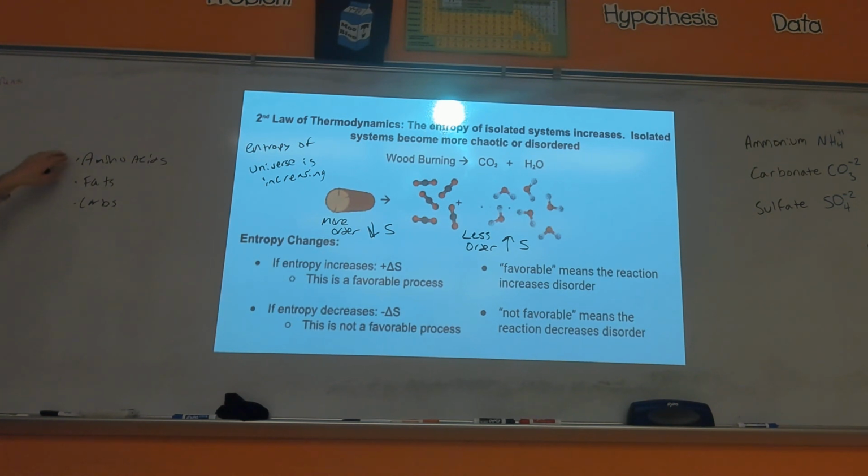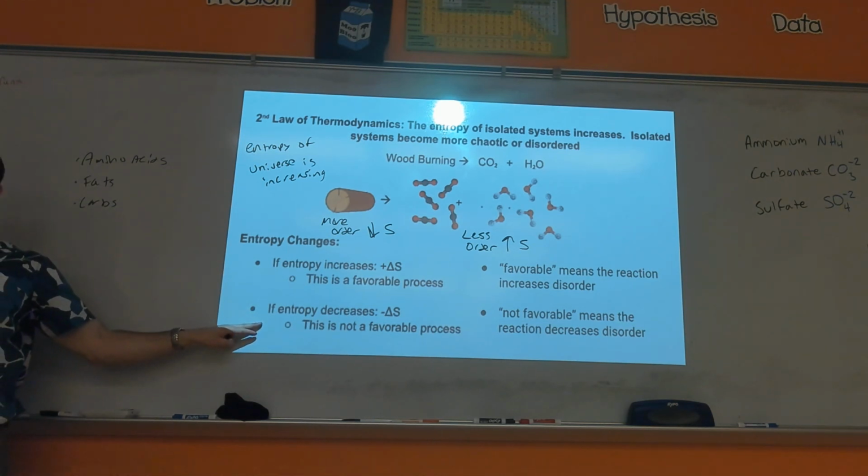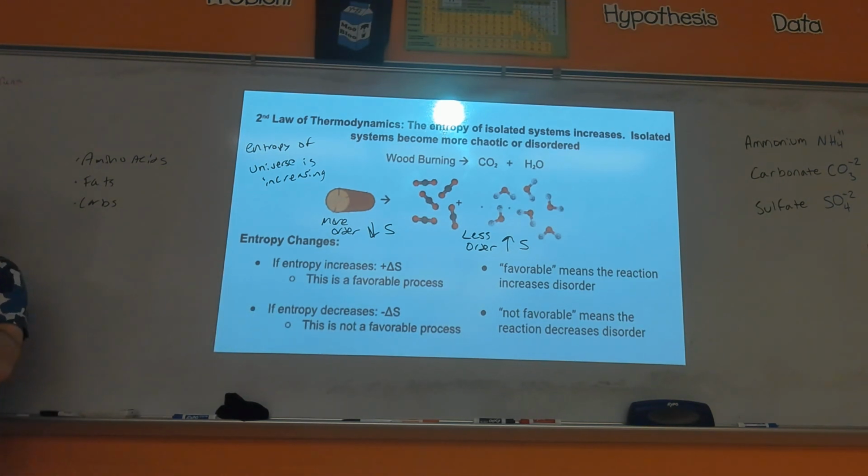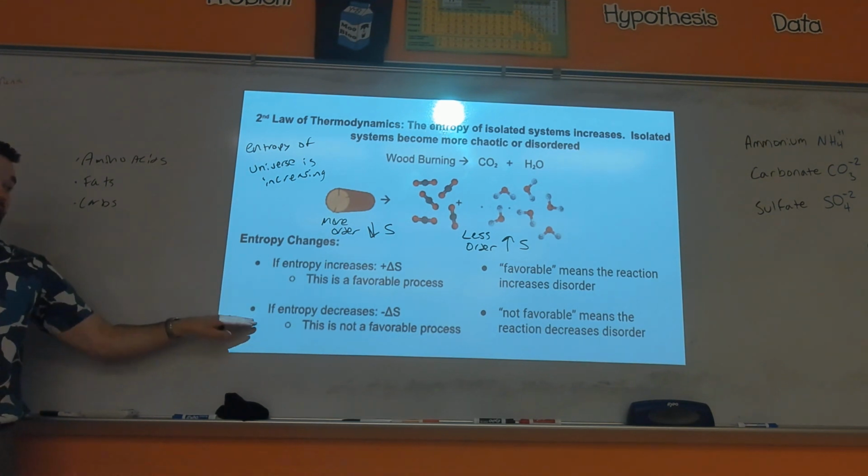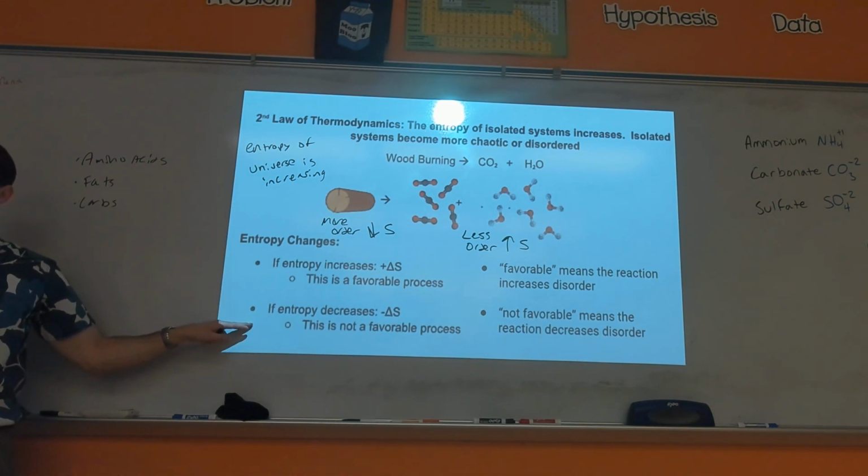That process where you take these building blocks to maintain you would not be a favorable process. That's why you need to eat calories and have an energy source. Talk about ATP. You have to have energy to make those reactions happen.